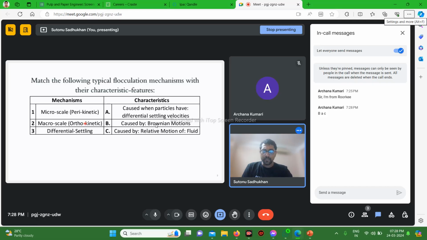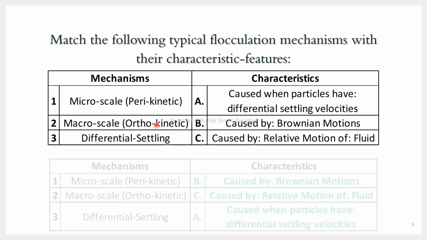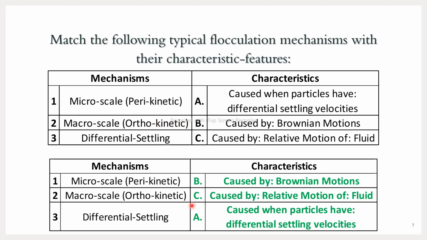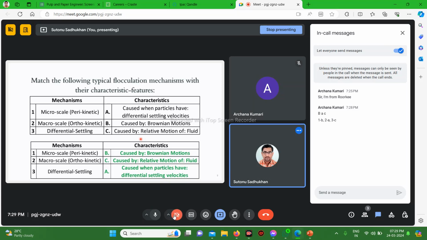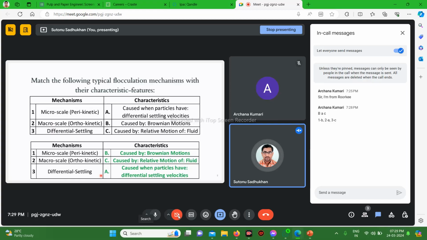I believe micro scale motions must be Brownian motions. Yes, micro scale or perikinetic is caused by the Brownian motions. The macro scale or orthokinetic mechanism is caused by the relative motion of the fluid. Basically, it is the relative motion between different layers of the fluid. And the differential settling is caused when particles have different settling velocities.